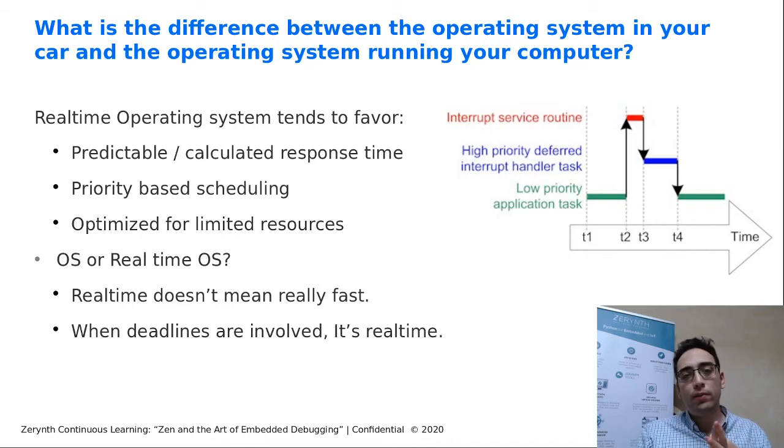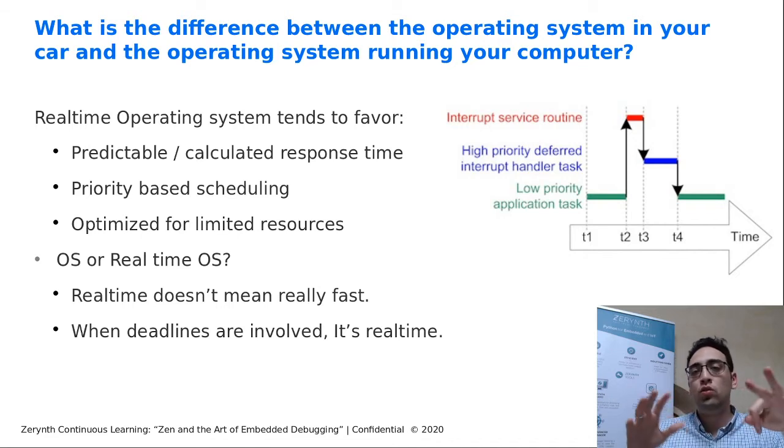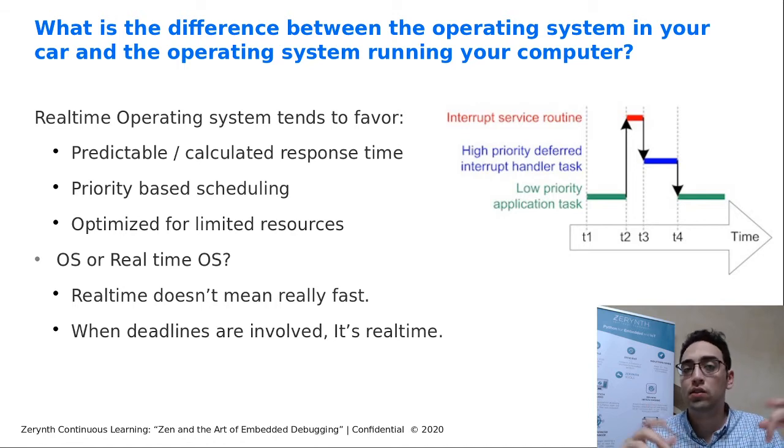The third feature of operating systems that run on microcontrollers is that they are optimized. Real-time operating systems are optimized for low resources, low flash memory and low RAM, for instance. And this begs the question, what does the real-time part mean?